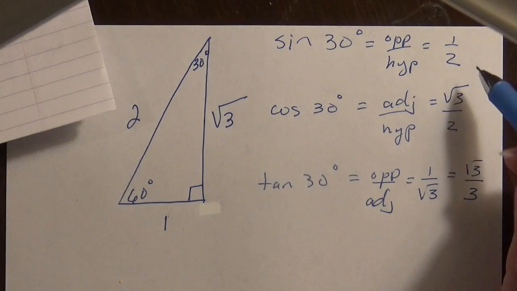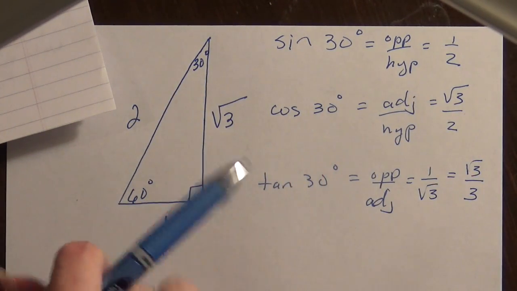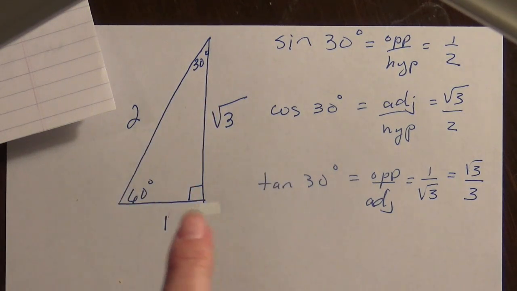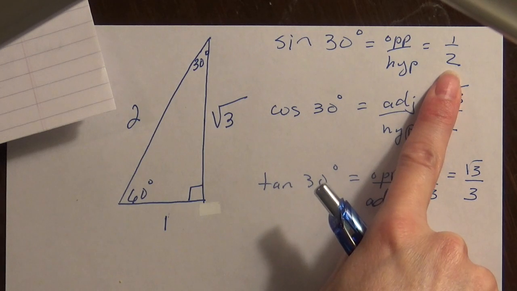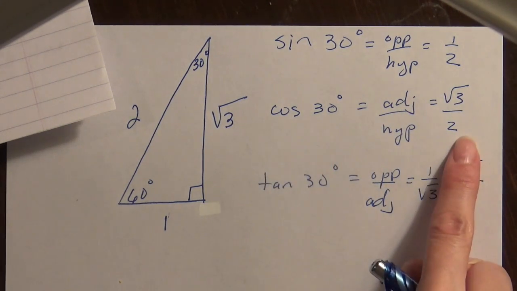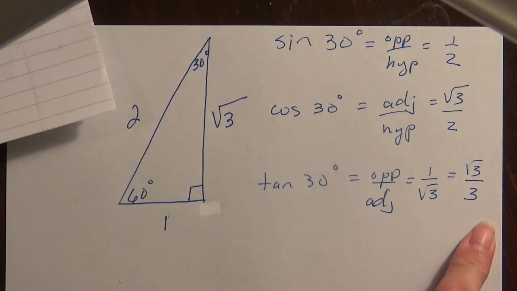Now these values are going to be the same for any triangle that has these angle measures. The side lengths can be different, but they're still going to be proportional. So sine of 30 degrees will always be 1/2. Cosine of 30 will always be square root 3 over 2. Tan 30 will always be square root 3 over 3.